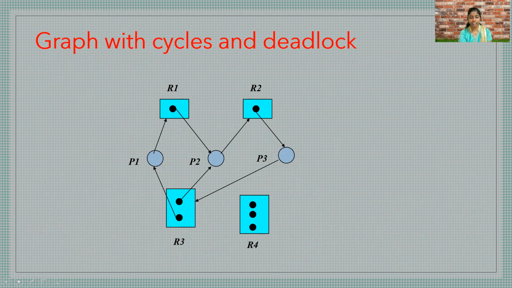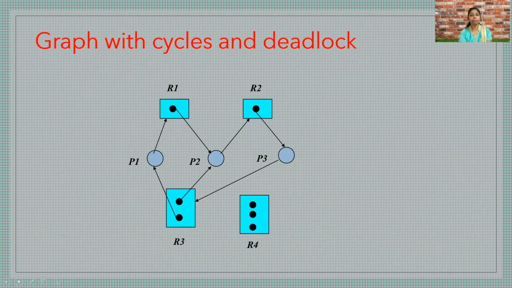Not all cycles are deadlocked conditions. There are 2 cases. We've seen 2 types of resources. Sometimes the resources have only 1 instance, and sometimes the resources have multiple instances. When there is 1 instance, we have to be very careful that any cycle in the resource allocation graph can lead to a deadlocked condition.